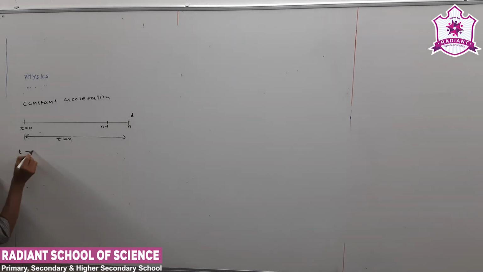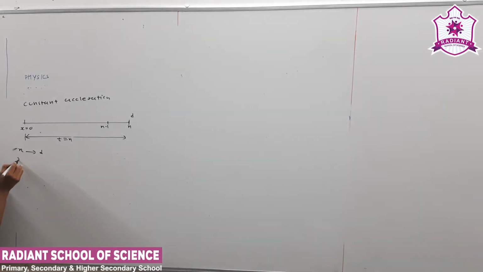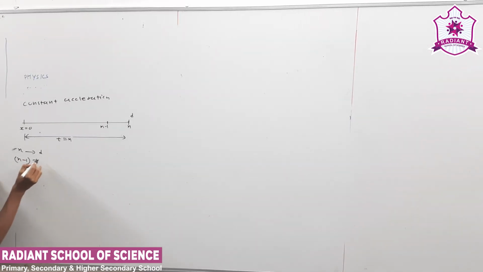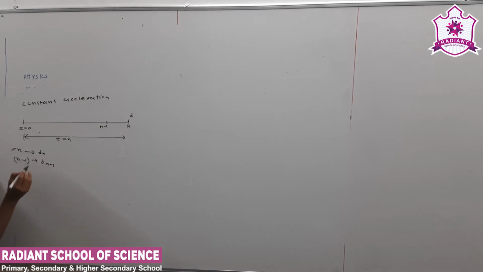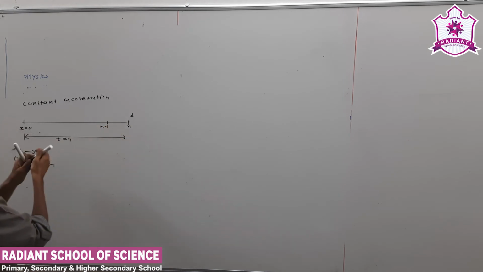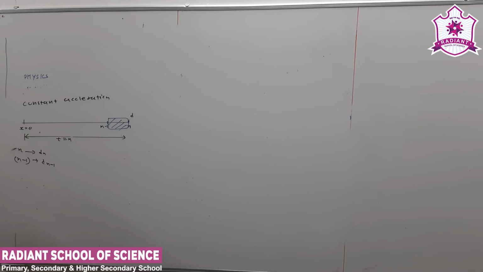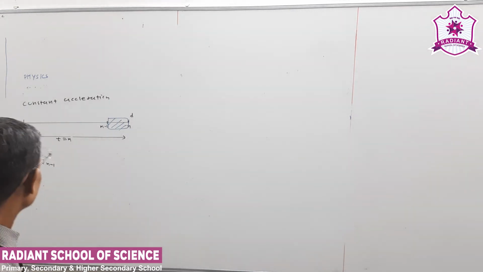In n second the distance covered is dn, and 1 second before the distance covered is d n minus 1. See, the distance covered during the nth second will be the difference of this distance and this distance. So this will give us the distance covered during the nth second.